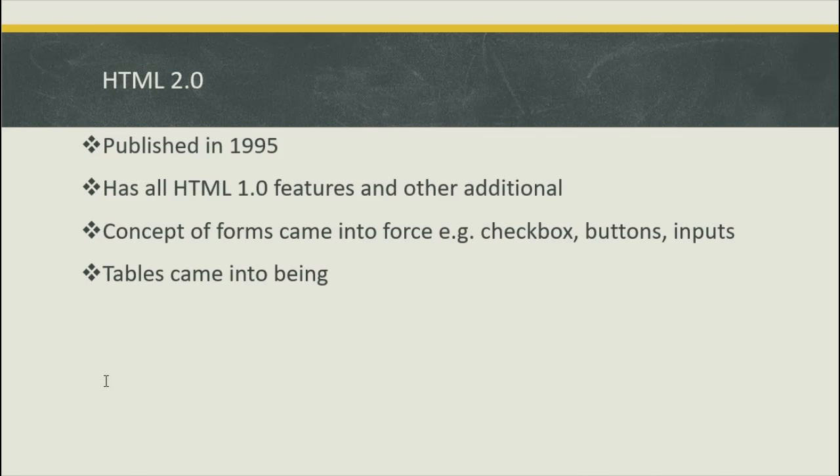You're going to see what we call forms, whereby the user can fill in, and we take that data which the user has provided. So we have checkboxes, we have buttons, we have input fields. You're going to see this. Then also the concept of tables, to organize data in tabular format.